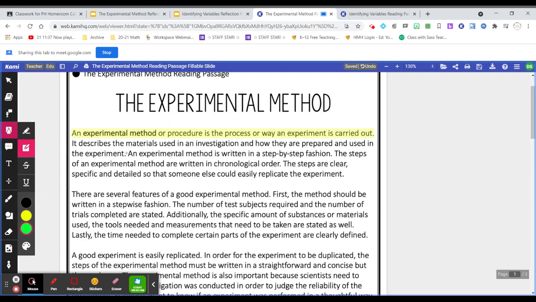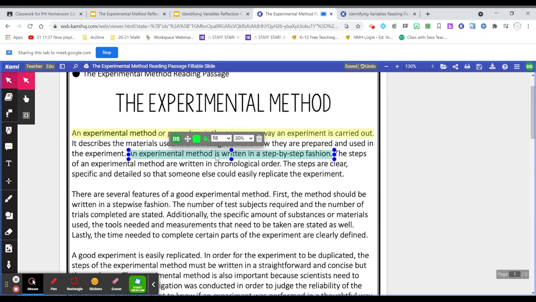So this is super important. We need to make sure that when we are writing about our projects, that we're giving a step-by-step explanation of what it is that we are doing. The steps of an experimental method are written in chronological order. The steps are clear, specific, and detailed so that someone else could easily replicate the experiment.